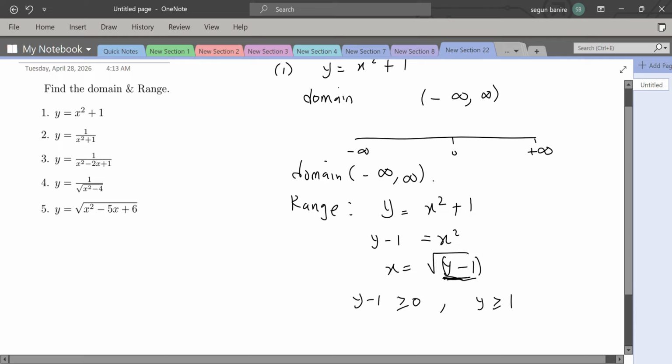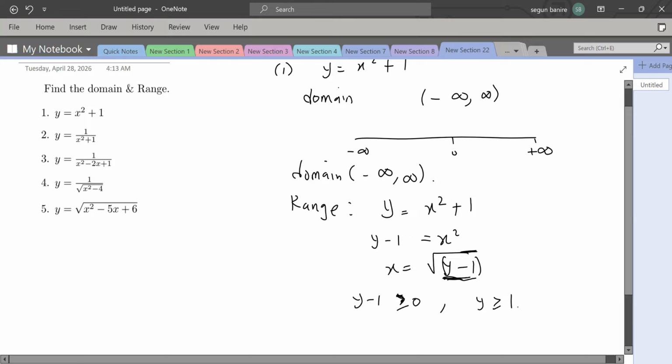The only time this function will have a problem is when we have a negative value. The square root of 0 is 0, so that is why we include 0. You don't say greater than 0; you say greater than or equal to 0. So y is greater than or equal to 1 here.